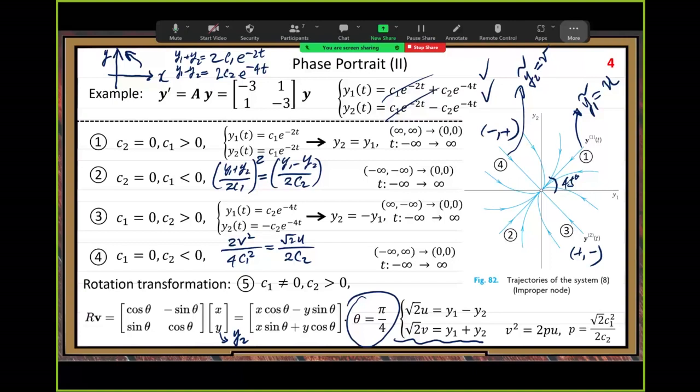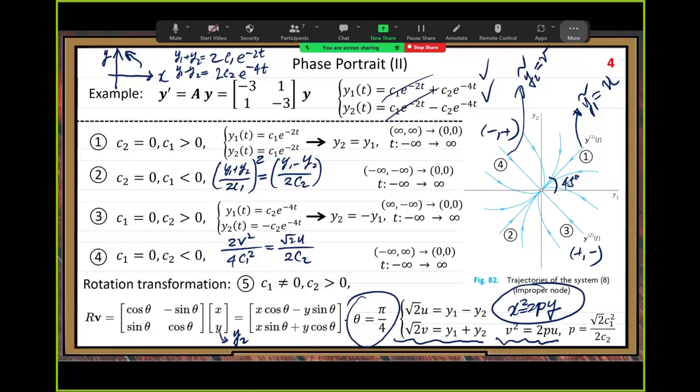Why do I write it this way, v squared equals 2pu? Recall the xy coordinate system that we are familiar with: x squared equals 2py.